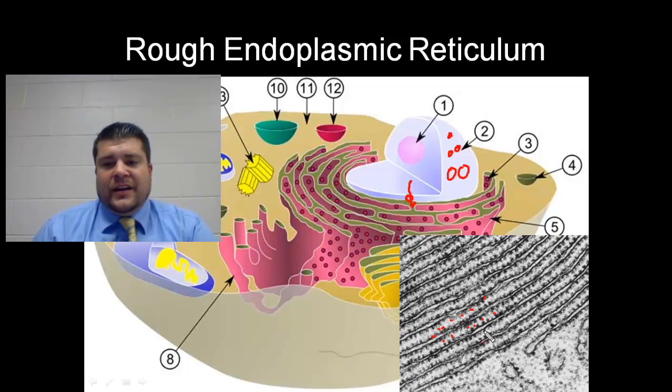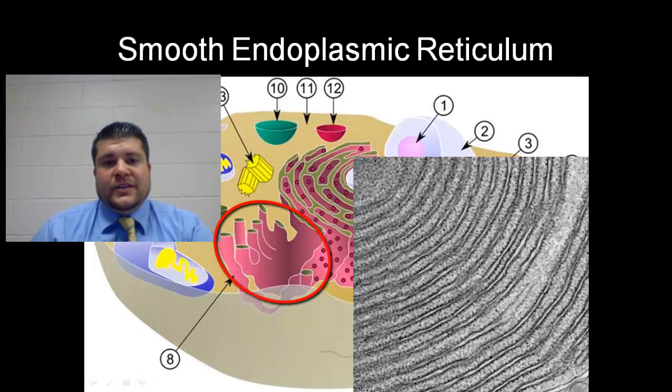And so when it does that, it actually starts making proteins right away. And so it'll flow through this, making proteins that go through this membrane channel.